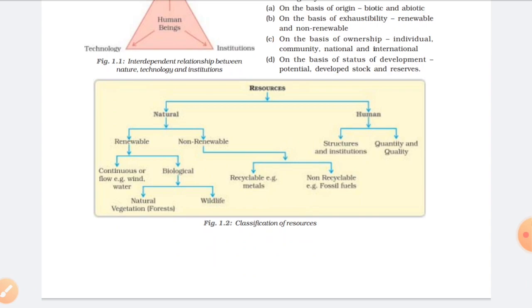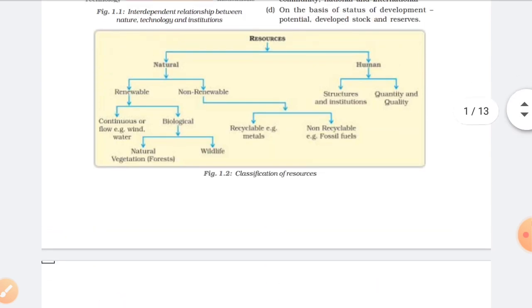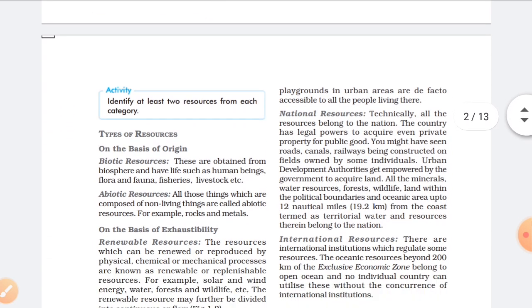Again biological, into natural vegetation, forest or wildlife. In case of non-renewable, there are recyclable, for example metals, and non-recyclable, for example fossil fuels. For humans, it is structures and institutions. Second, quantity and quality. So we'll learn about them a little later in the chapter.